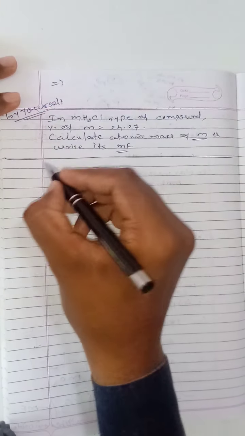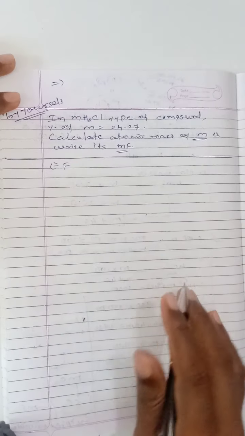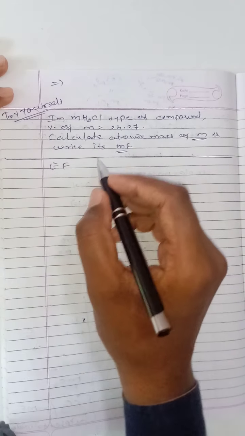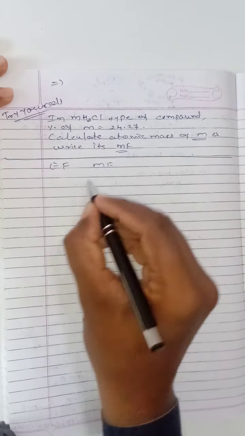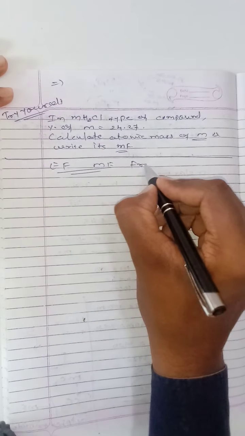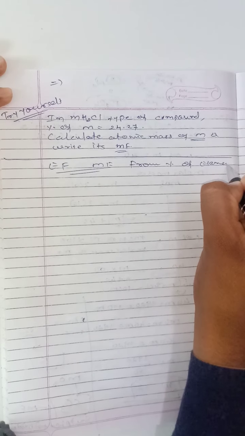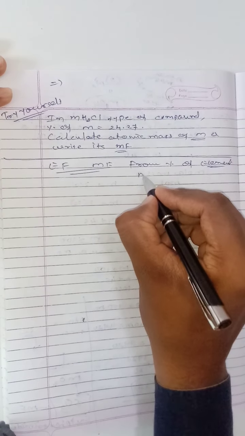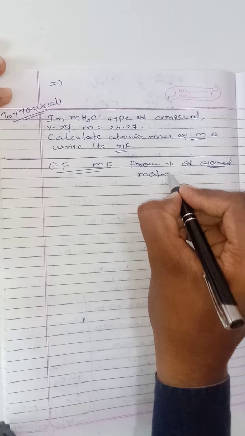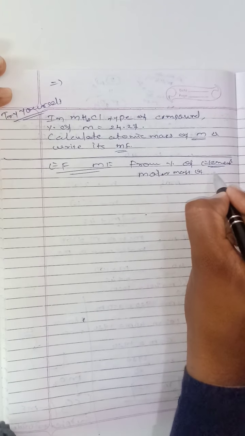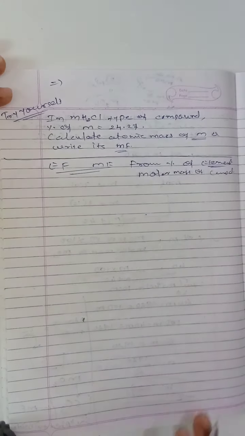Now let's see another type of example, regarding finding the empirical formula and molecular formula from the percentage of elements and the molar mass of the compound.